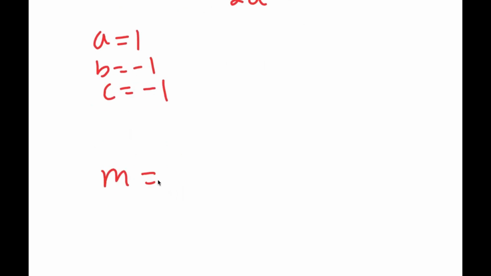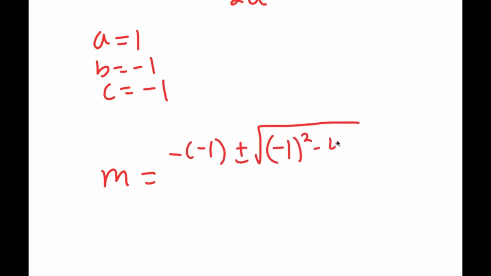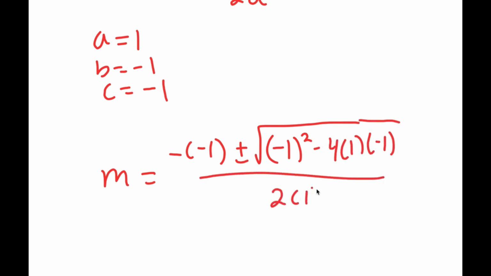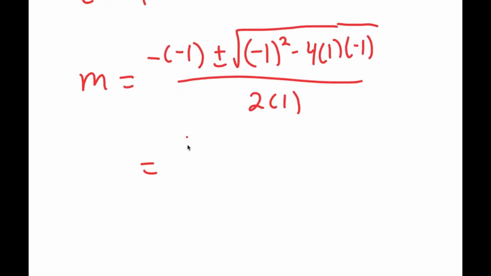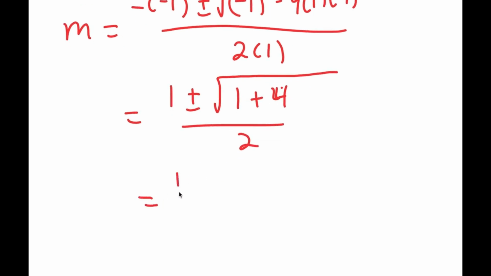So I get m is equal to negative of negative 1 plus or minus the square root of negative 1 squared minus 4a, which is 1, times c, which is negative 1, all over 2a, so 2 times 1. And this turns into positive 1 plus or minus the square root of 1 plus 4 over 2, which is equal to 1 plus or minus the square root of 5 over 2.